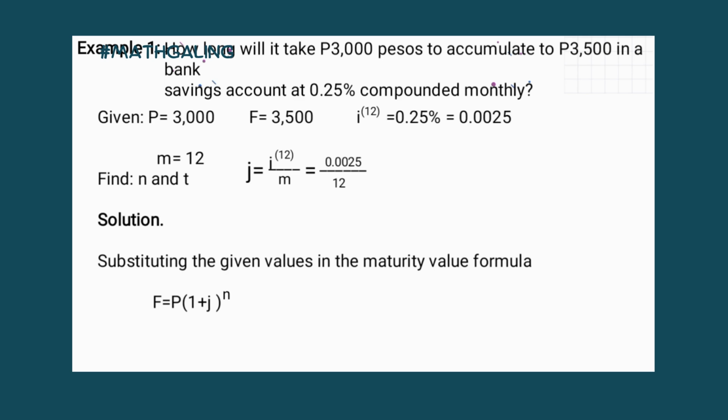So our solution, substituting the given values in the maturity value formula, F is equal to P times 1 plus G raised to the power of n.